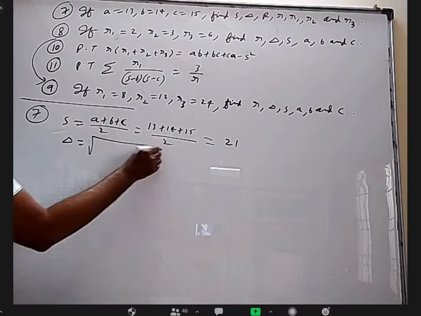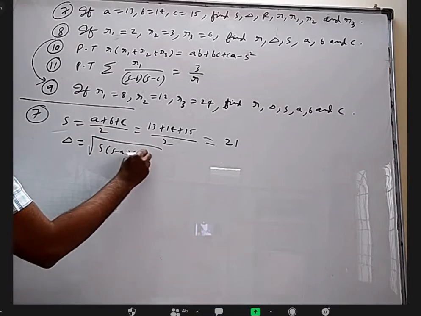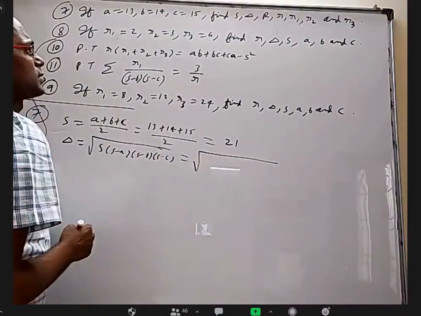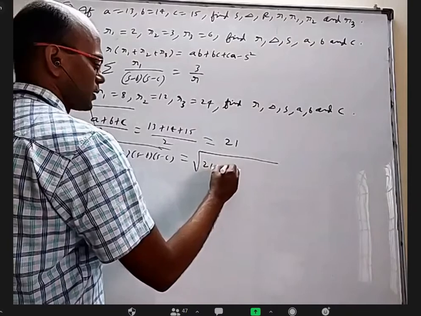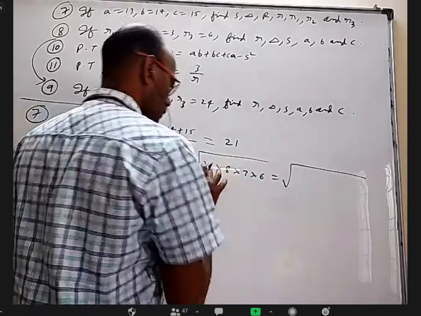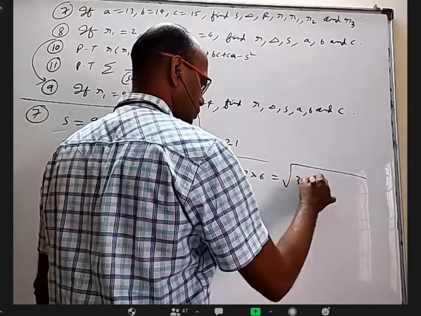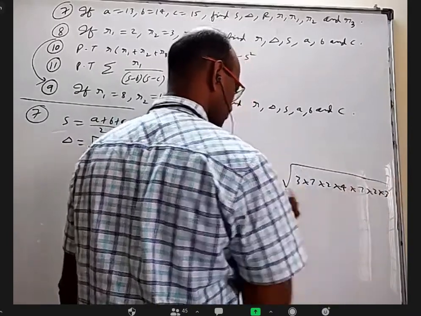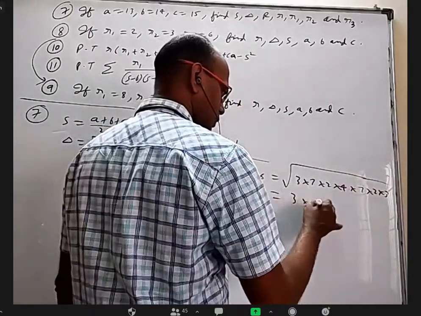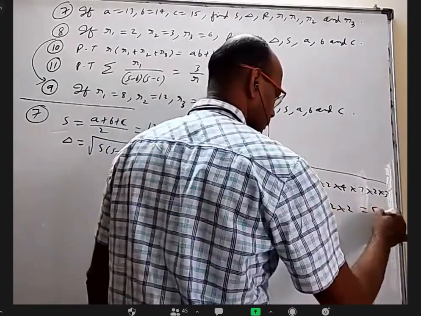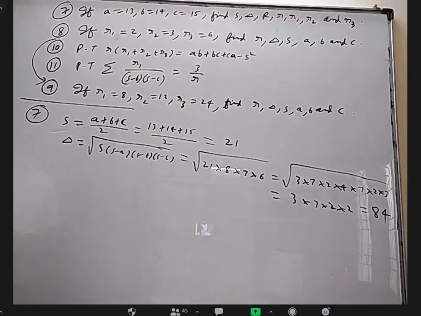Delta is square root of S into S minus A into S minus B into S minus C. S is 21, S minus A is 8, and this is 7, and this is 6. 21, I can write 3 into 7, 8 as 2 into 4, and 7, 2 into 3. 1 3 will come, 1 7, 1 more 2, 1 more 2. 84. Capital R is ABC by 4 delta.